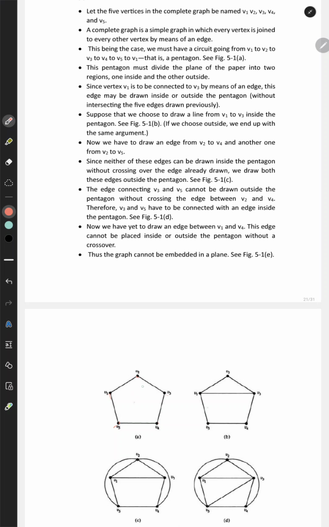Now once you draw this cycle, the plane is split into 2 parts. One region is inside this pentagon cycle, and one region is outside it. Now the edge from v1 to v3: every pair of vertices should be adjacent.